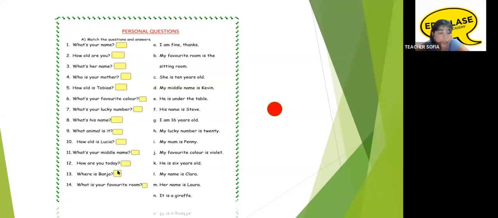Okay, so you can say, where is, do you know where is Amapulapa? I don't know. This is just for you to have an idea. And what's your favorite? Well, in this case, room, right? So you can take some of them, most of them, to ask questions to your classmates.